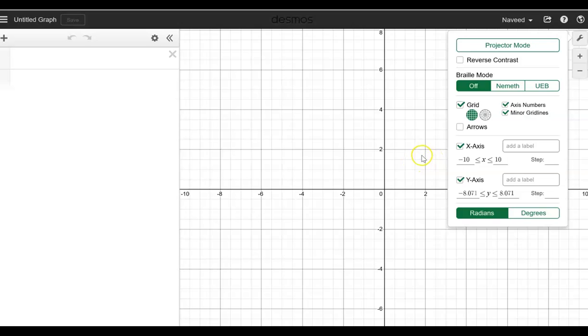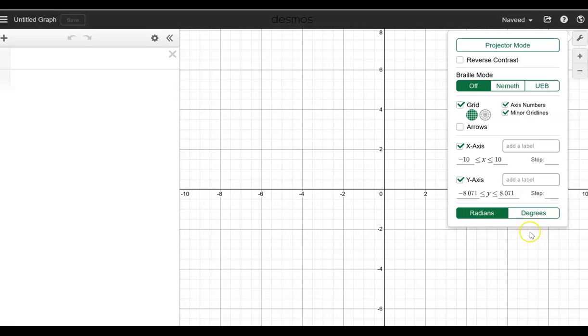The x-axis in this case is -10 to 10. I can change the steps. In here I use steps of 0.2, and it is 0.2 for the y as well. And look at the y value. It is set up by default like that, but you can change all of that. Everything can be changed.